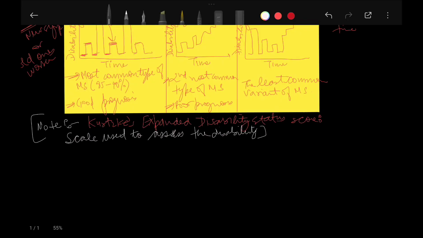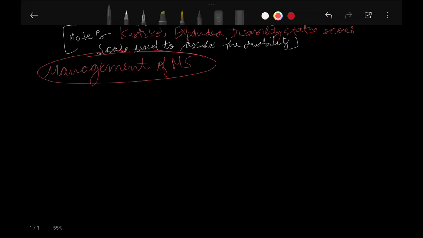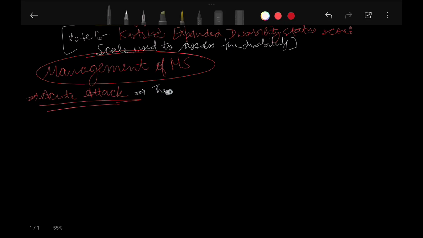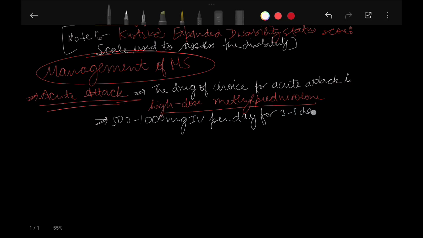Now management of multiple sclerosis, the last topic in demyelinating disorders. First of all, in acute attack, the drug of choice is high dose methylprednisolone, 500 to 1000 mg IV per day for 3 to 5 days.